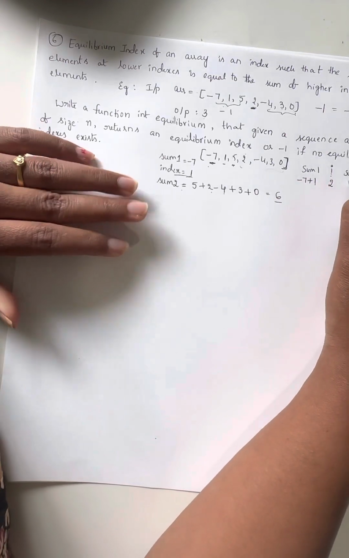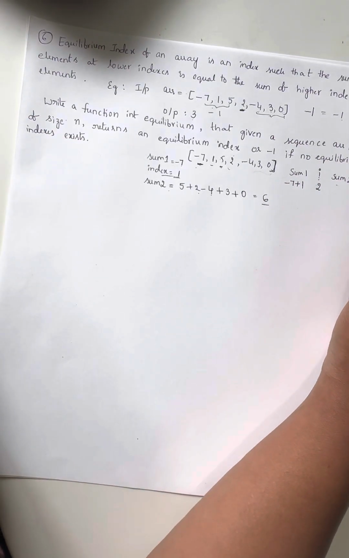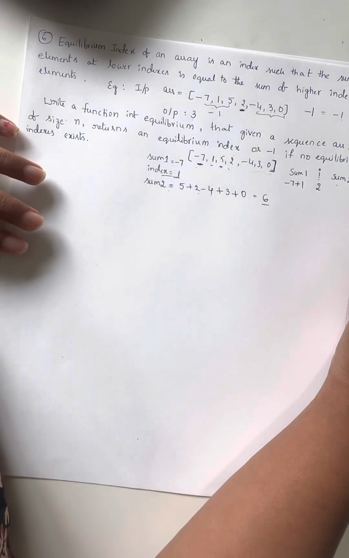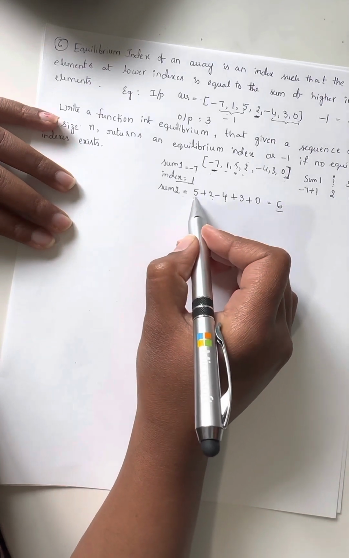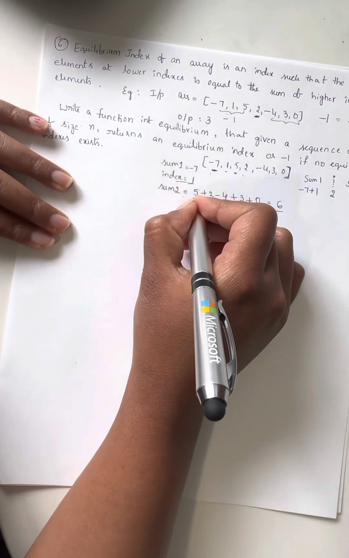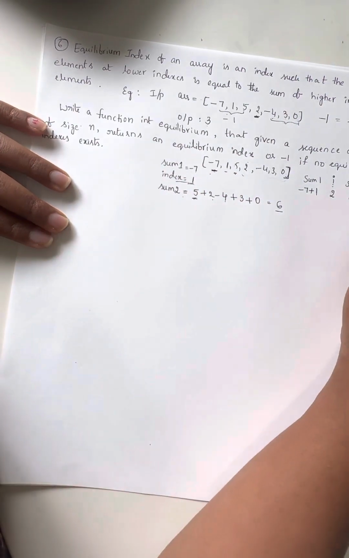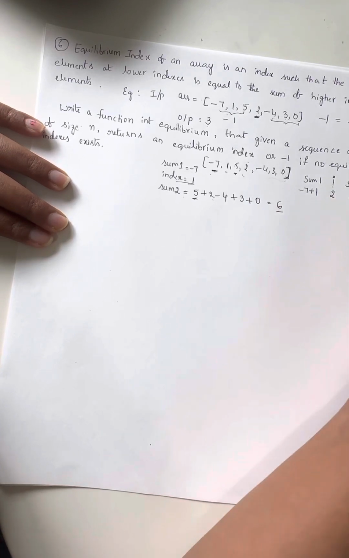Then from sum2, we need to subtract the element, right? So we subtract 5, because now the 5 is at the index. So 6 minus 5 is 1.